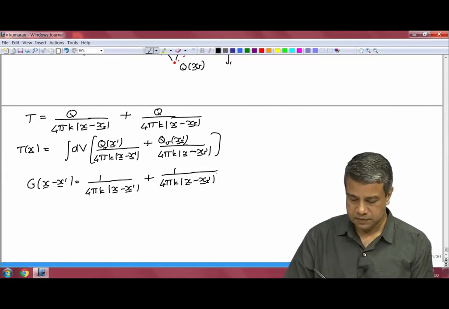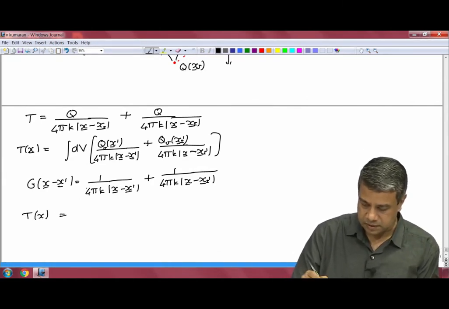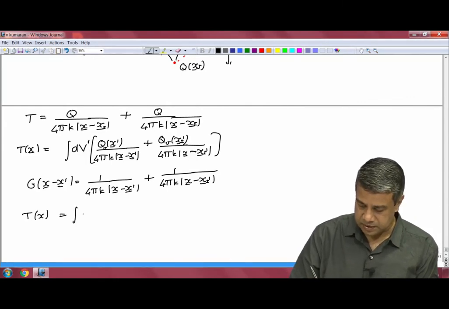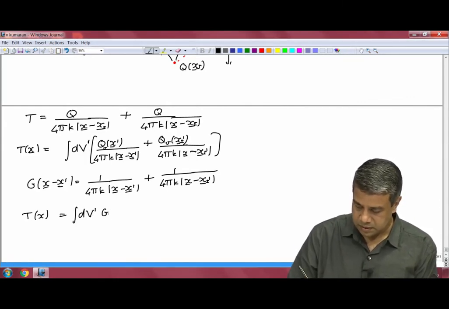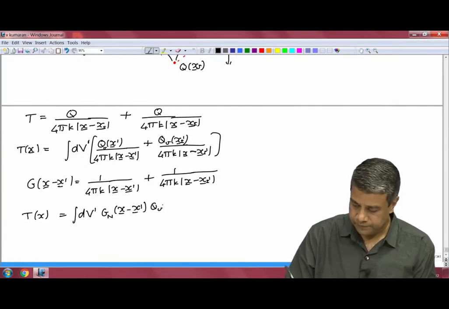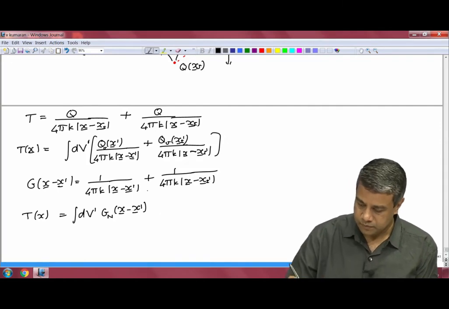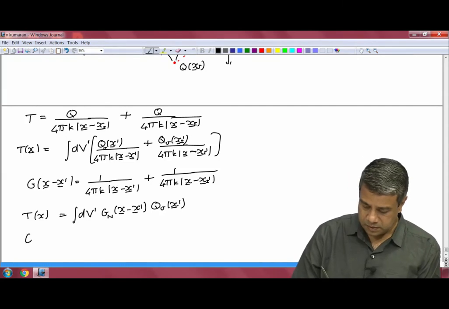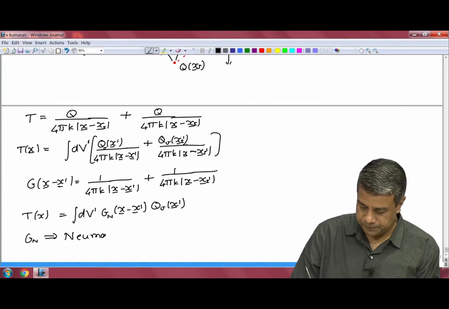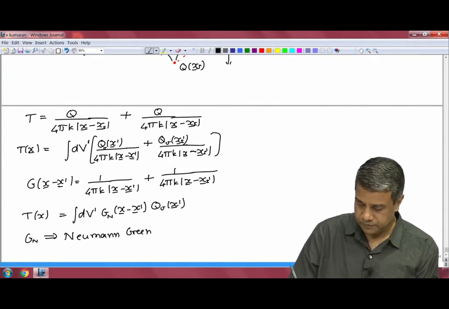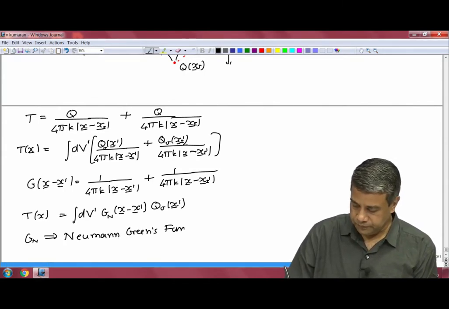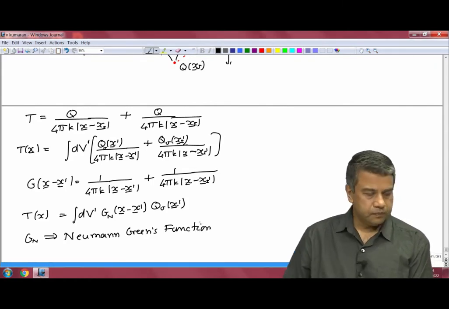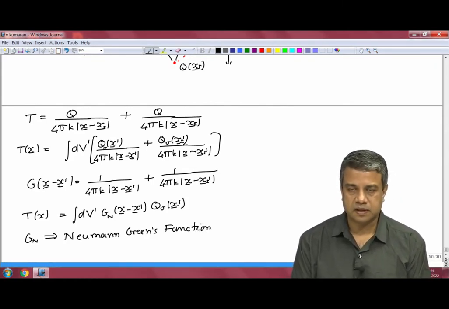And the temperature can be written as an integral, there is a prime here, my apologies, where Gn is called the Neumann-Green function, which satisfies the 0 flux boundary condition across the surface.